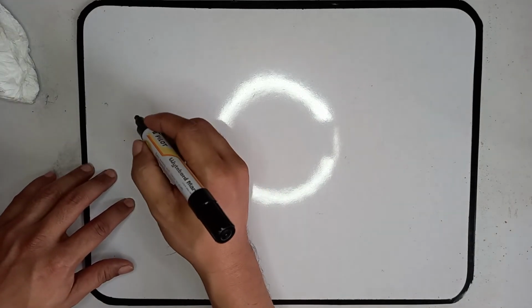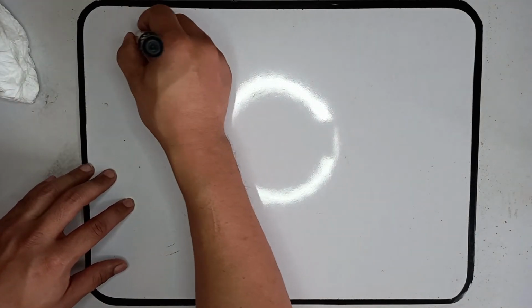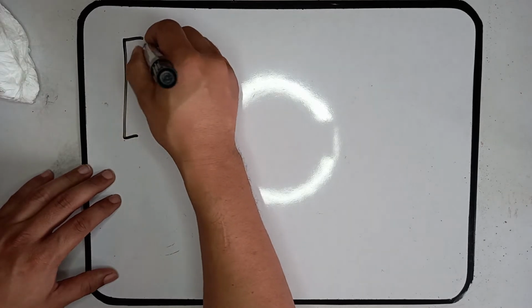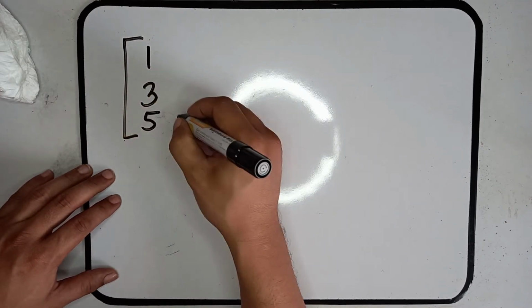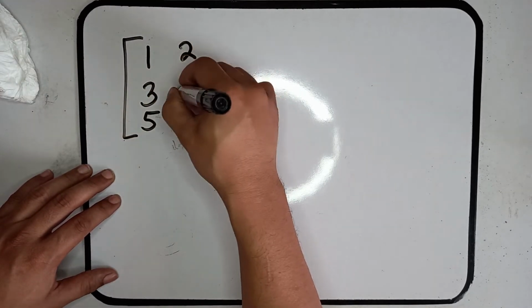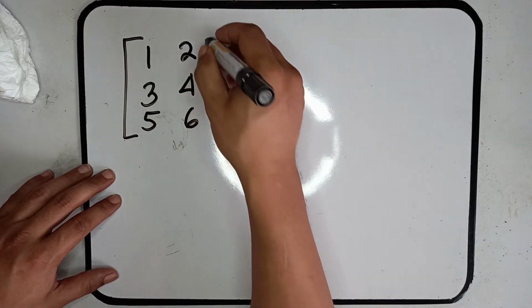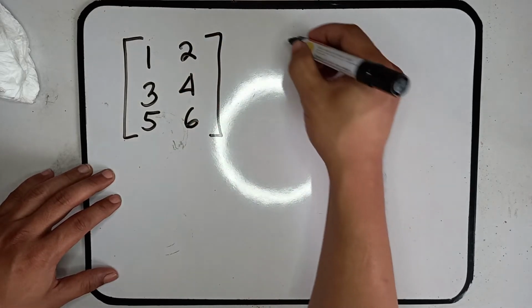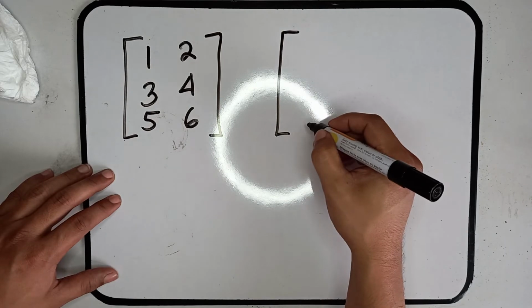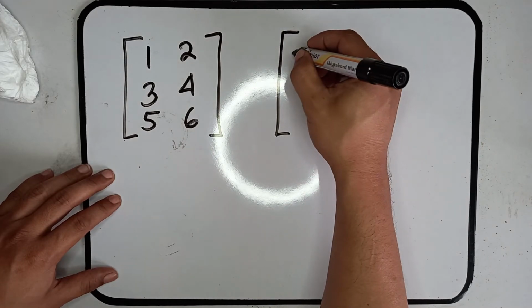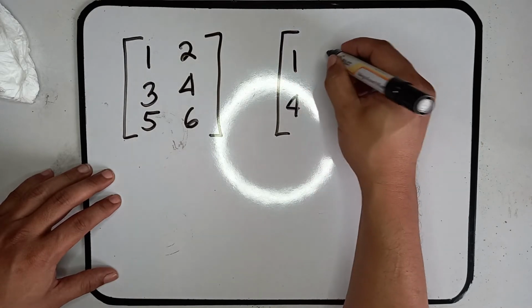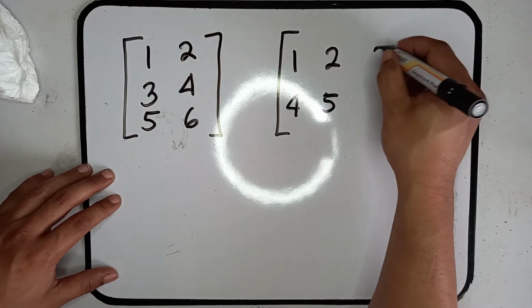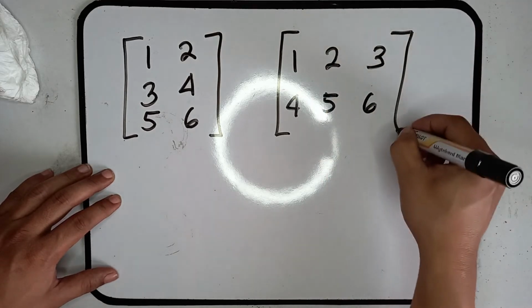So for example, we have 1, 3, and 5, 2, 4, and 6, and then another matrix here. We have 1 and 4, 2 and 5, 3 and 6.